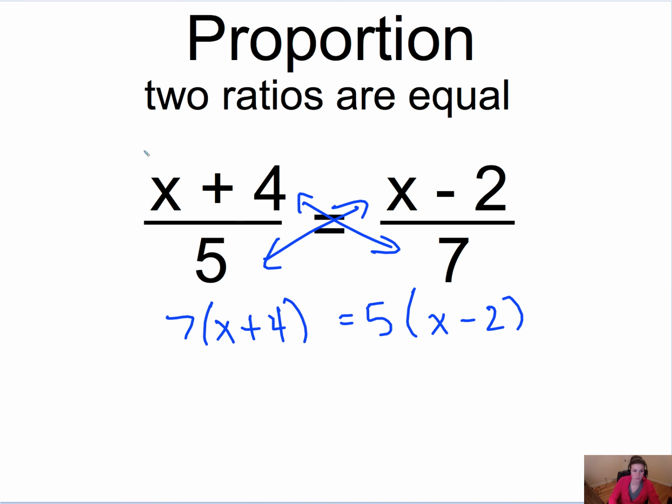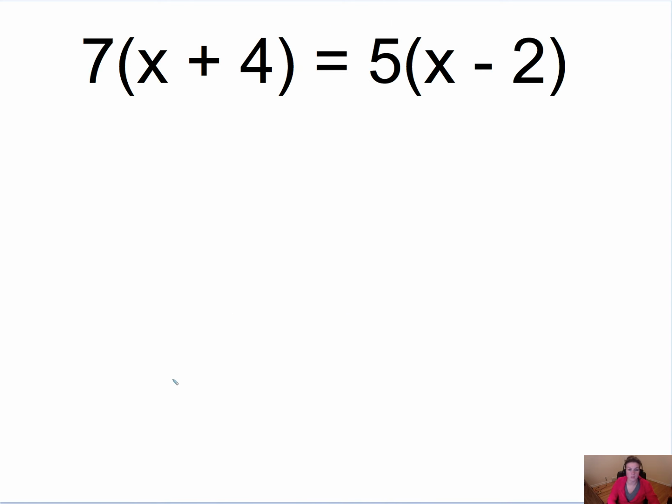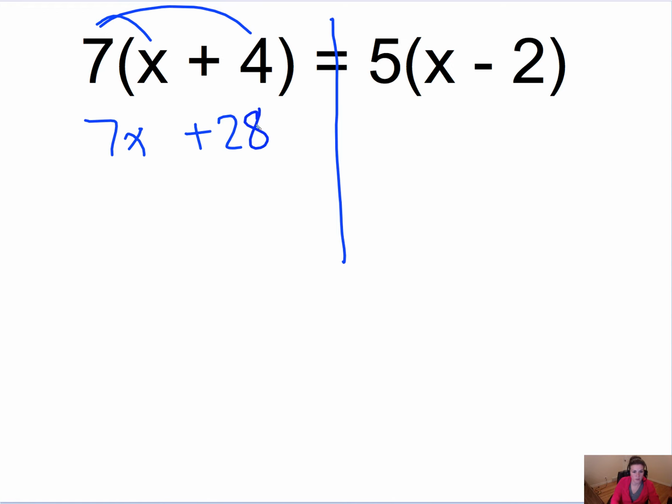And then we would solve that. So I wrote that more clearly on the next slide here. Separate your two sides. We have distributive properties, so we need to do that first. This would be 7x plus 28. And then over here, this would be 5x minus 10. There's no like terms to combine on the left, no like terms on the right, but we do have variables on both sides.